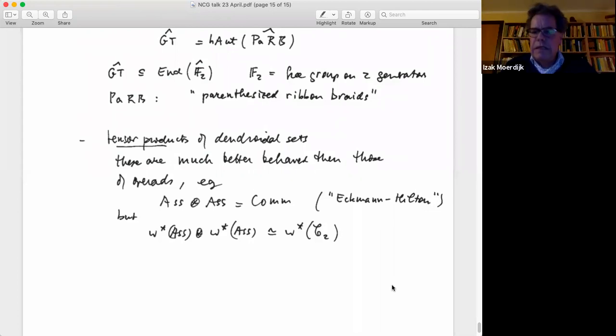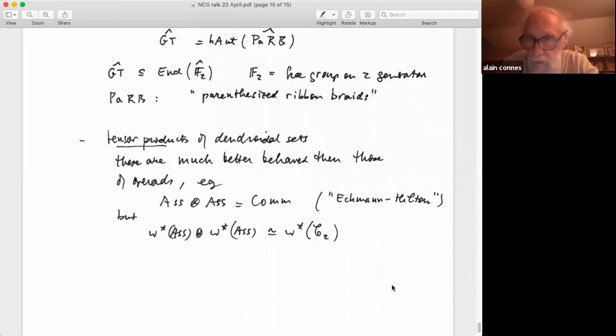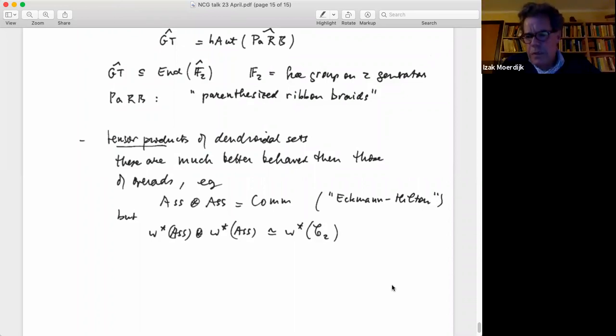You should replace the Cartesian product by the tensor product. And then try to take it from there. Okay, so I'm aware of the question, but I don't know the answer.